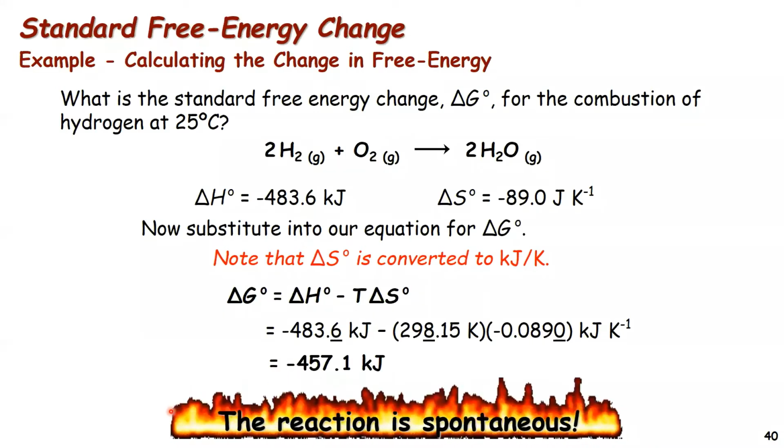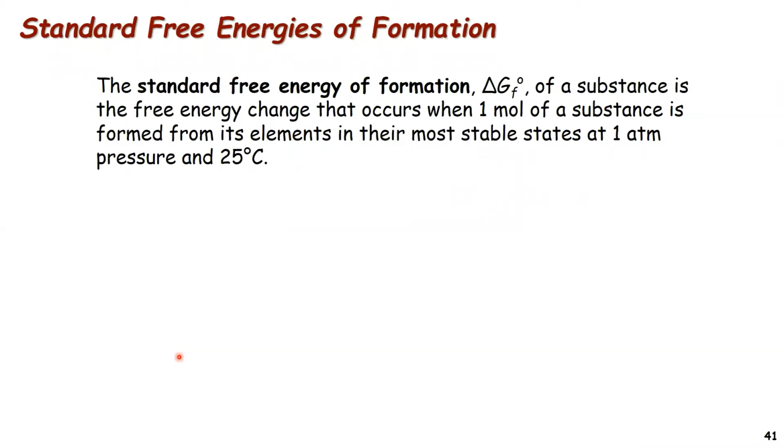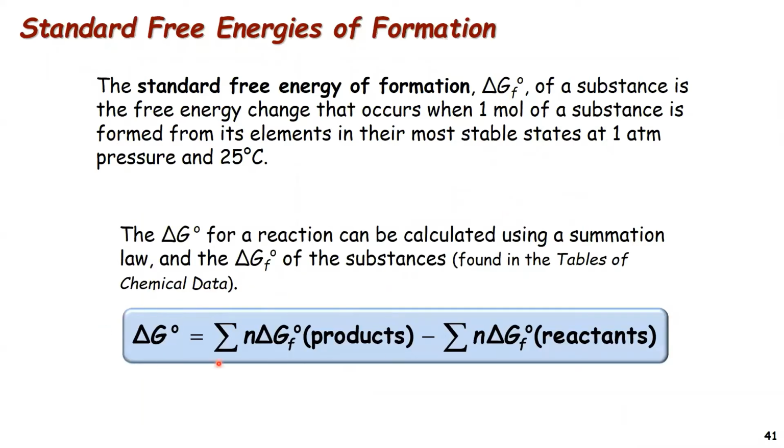Okay, now we actually didn't need to go through all of that. Since it's at 25 degrees Celsius and 1 atmosphere, there's actually another summation law that we could use that uses the standard free energy of formation. So del G f, just like the enthalpies of formation, there are free energies of formation as well, and we can use a summation law for that.